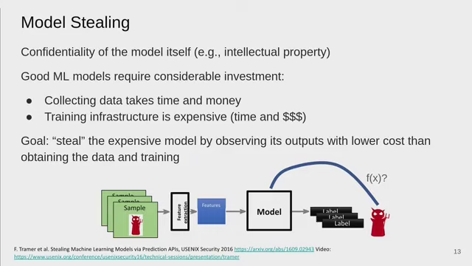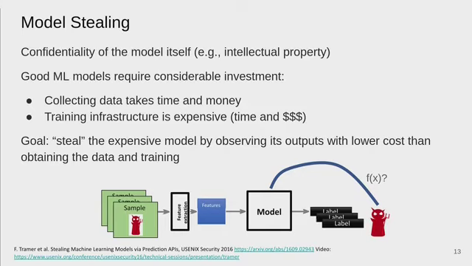Now, the model itself is confidential, given some form of intellectual property that the service doesn't want to leak. And we already know that machine learning models require quite a considerable investment for either the data collection, data acquisition, like getting data could also cost by itself, and then for the training itself, right? For the training, modern models require quite extensive hardware and quite extensive time.